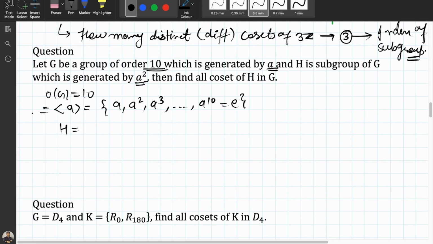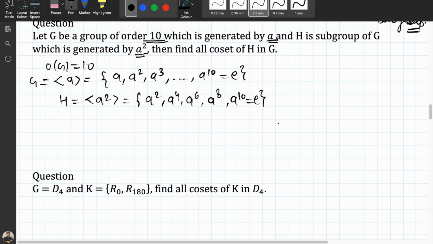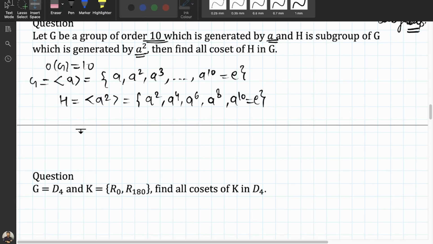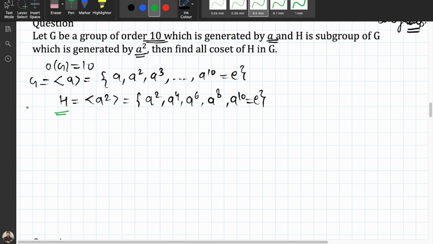This is all about G. How will H look? Generated by a squared, it means a squared, a to the 4, a to the 6, a to the 8, a to the 10, which is the identity. Now, this is under multiplication.